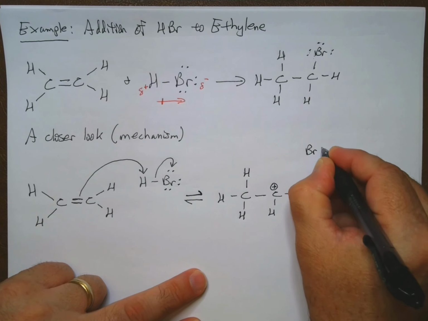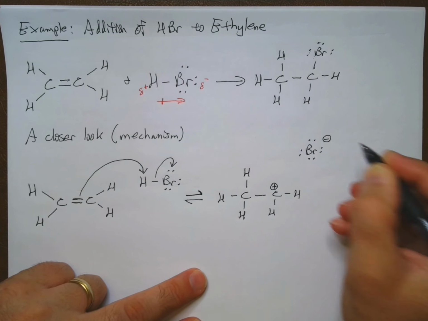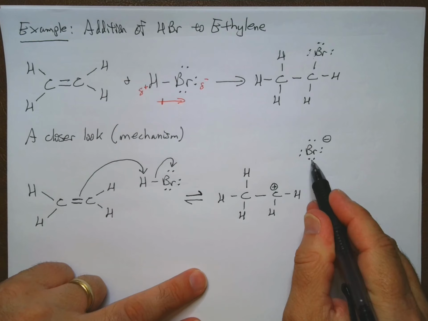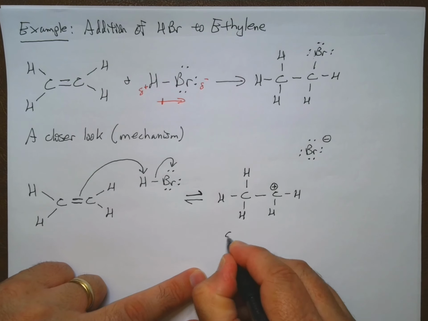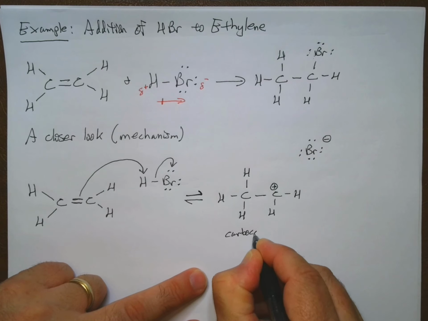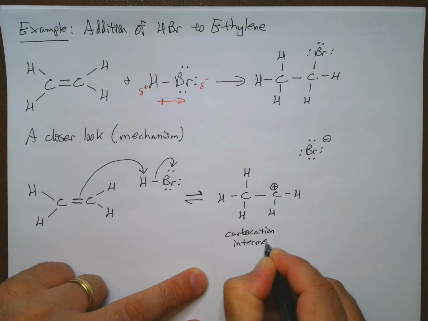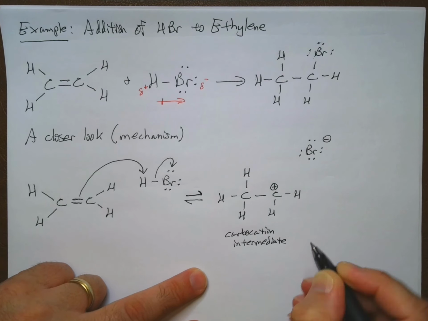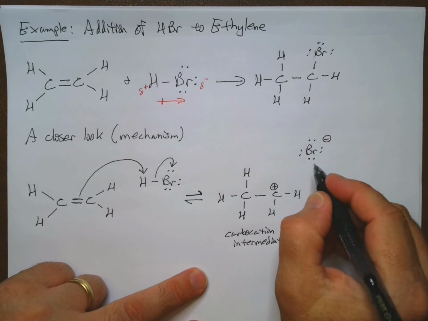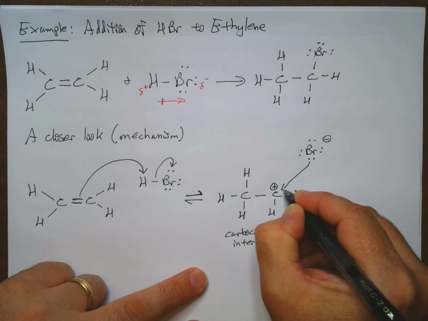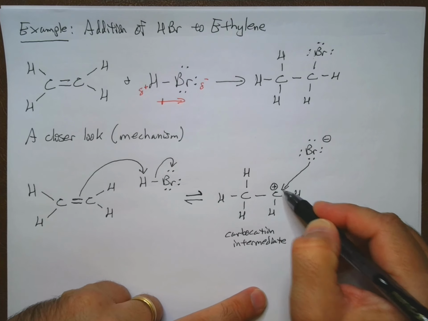Well, I already made here my Br minus, and that's a good nucleophile. My carbocation is a good electrophile. So now I naturally would expect there to be a reaction where my Br minus is attracted to my C plus.